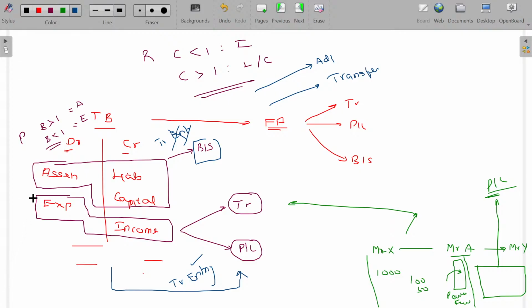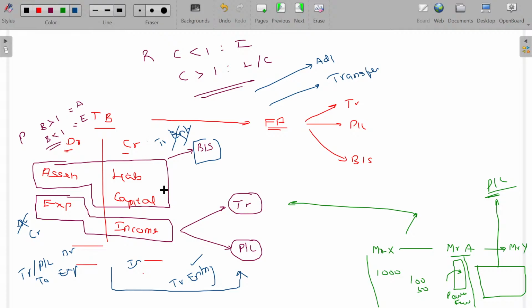So the transfer entry: all these things are debit items. Transfer means the expense is going to be closed and go to the new account. An expense is a debit balance, right? To transfer, it is credited, and the account where it is transferred should be debited. It may be transferred either to the trading account or the P&L account, depending upon the nature of the expense. For income, the entry is income account debit, because income is on the credit side.